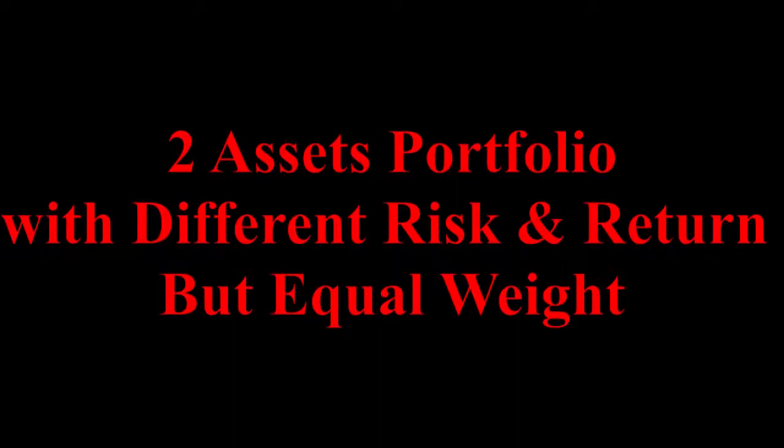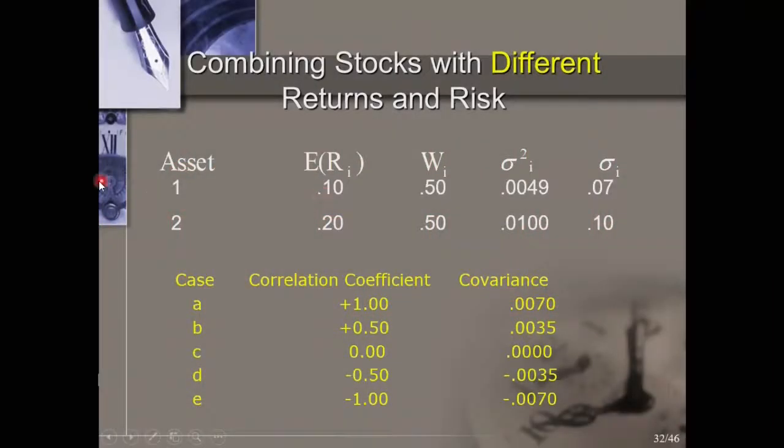Now we are considering different risk and different returns, right? Same assets 1 and 2, but with different expected return, standard deviation and variance, while keeping the weights the same. Now what do we want to see right here?